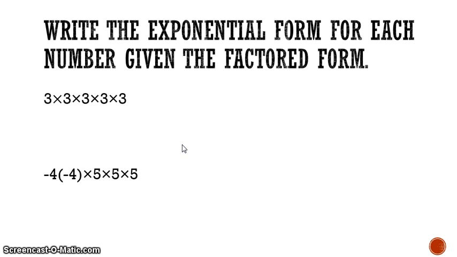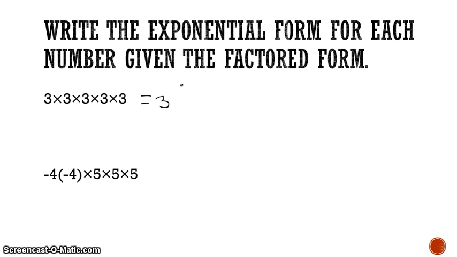All right, so give this a try. Write these in exponential form. Given the factored form is just where I'm actually writing it out as 3 times 3 times 3 times 3 times 3, I want you to write it using an exponent. Give it a try, come back in a minute, and check it out. Okay, so here I'm using 3, 1, 2, 3, 4, 5 times.